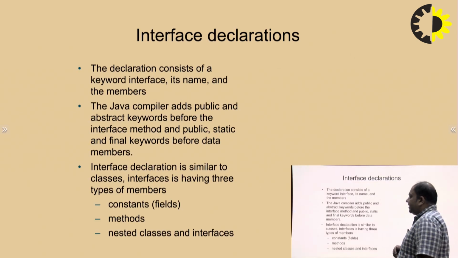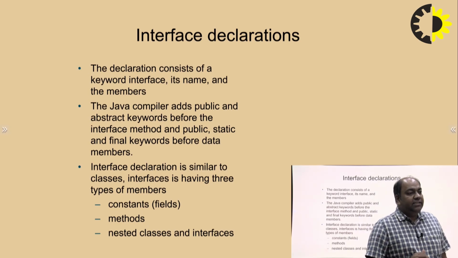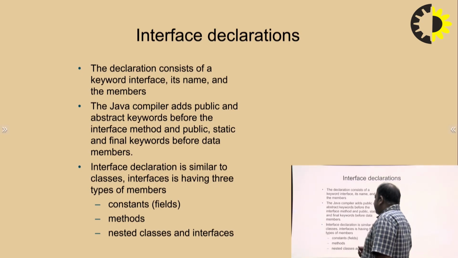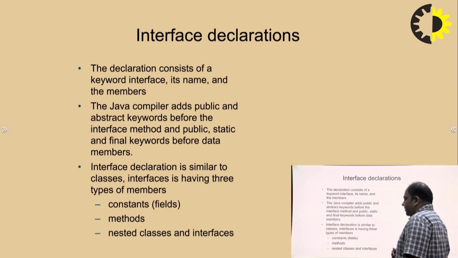Interface declaration: an interface consists of the keyword interface and its members. The Java compiler adds the public and abstract keywords before the interface methods as per the requirement, and static and final keywords before data members.